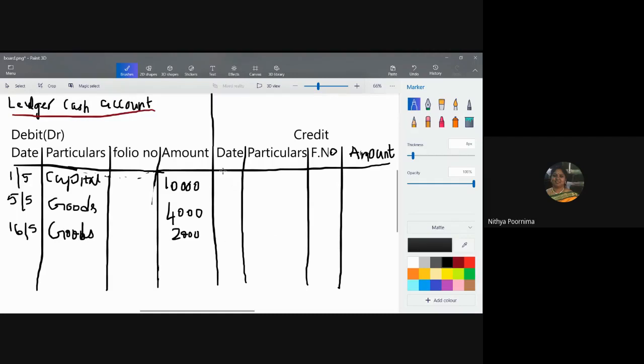First one is on 5th. What is the amount? It's by goods. This will be by goods. What is the amount?